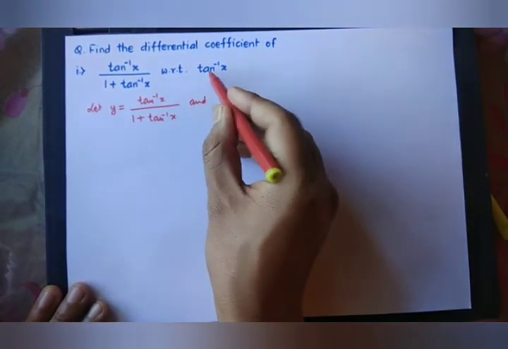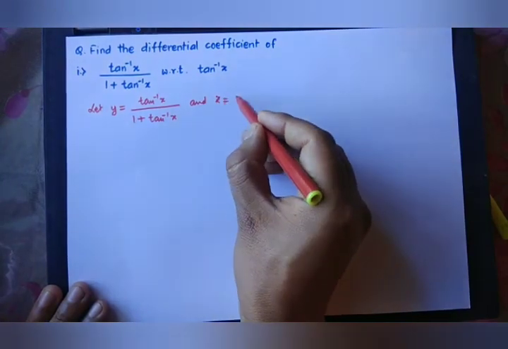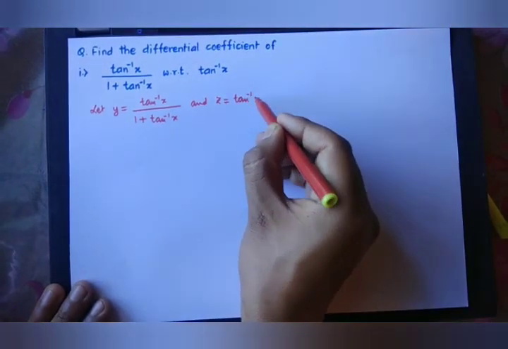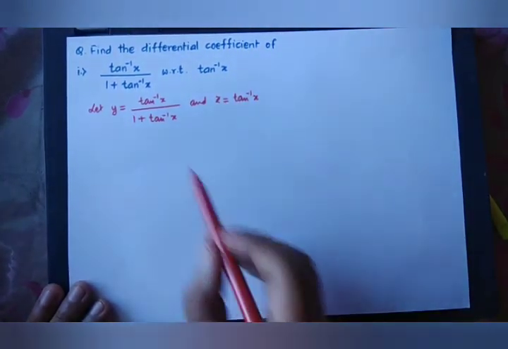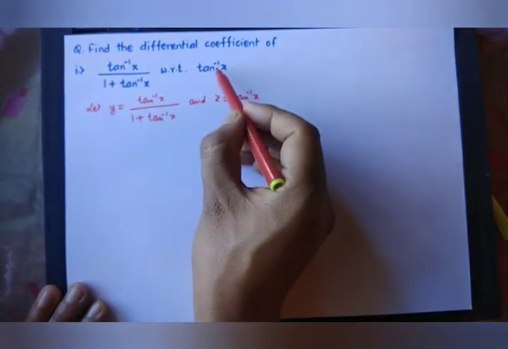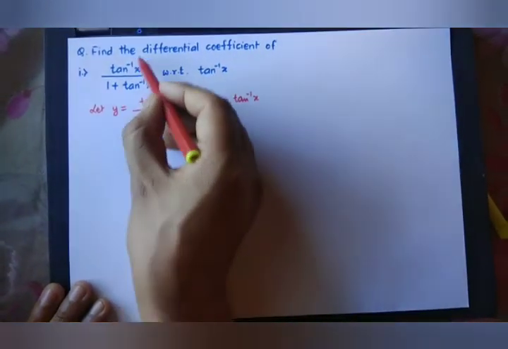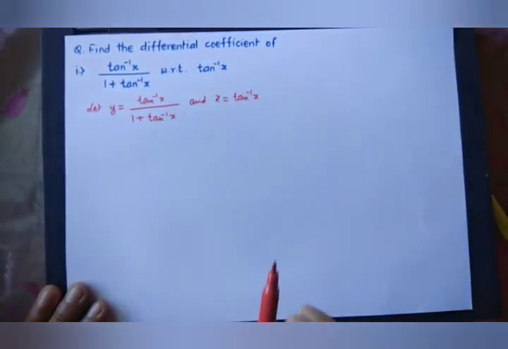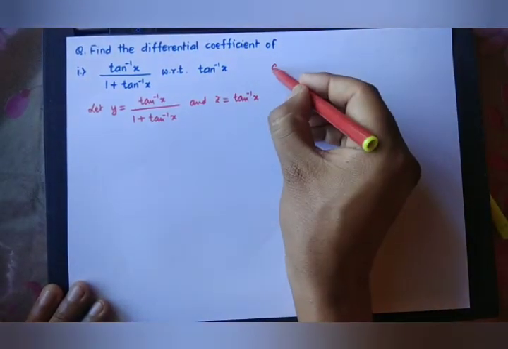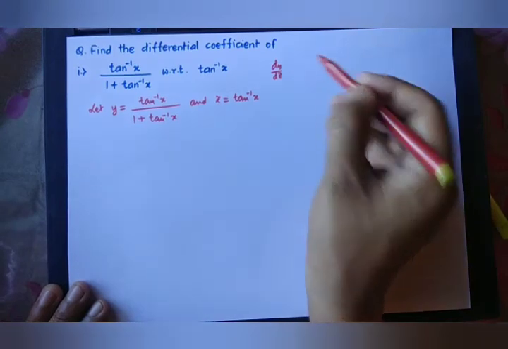And we will take this to be z. So z equals tan inverse x. Basically you are differentiating this with respect to this, that means you are differentiating y with respect to z. So basically you need to find dy by dz, right?